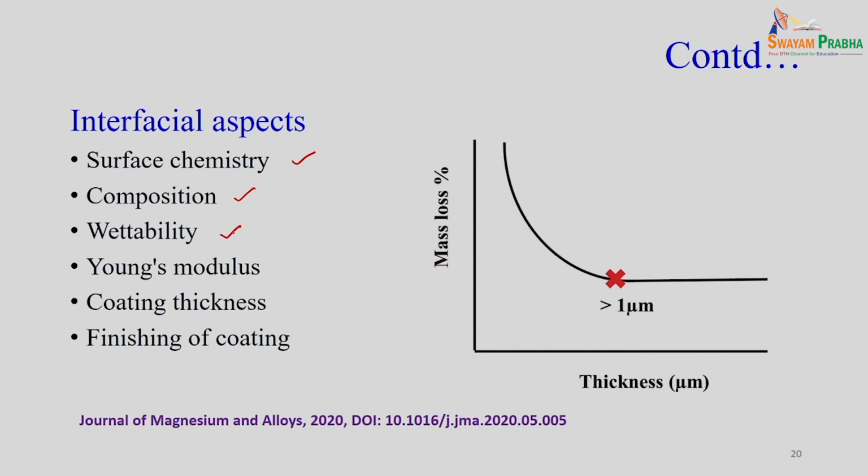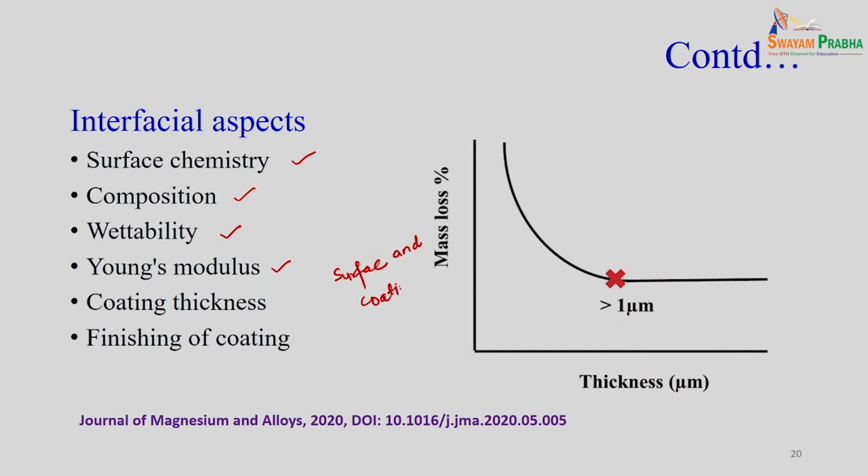You can tune the wettability; we can make the surface highly hydrophilic or hydrophobic. So, if it is hydrophobic, it is expected it will not get wetted. So, it may improve the corrosion or degradation resistance. Also sometimes a difference in the Young's modulus of the surface and coating.